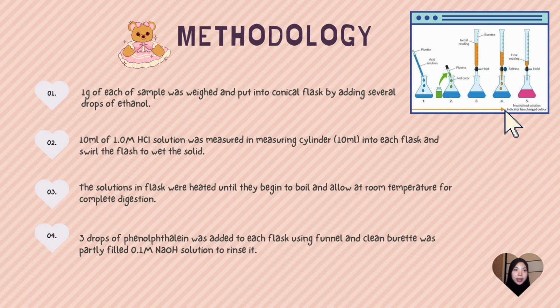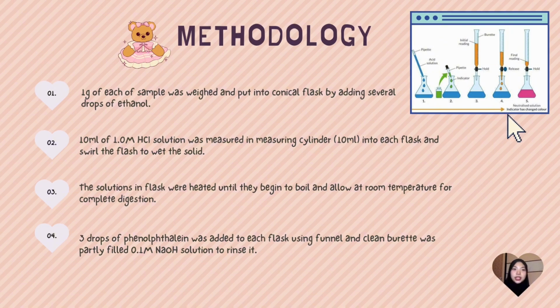Second, 10 ml of 1 M HCl solution was measured in a measuring cylinder into each flask and the flask was swirled to wet the solid. Third, the solutions in the flasks were heated until they began to boil and were allowed to cool at room temperature for complete dissolution.